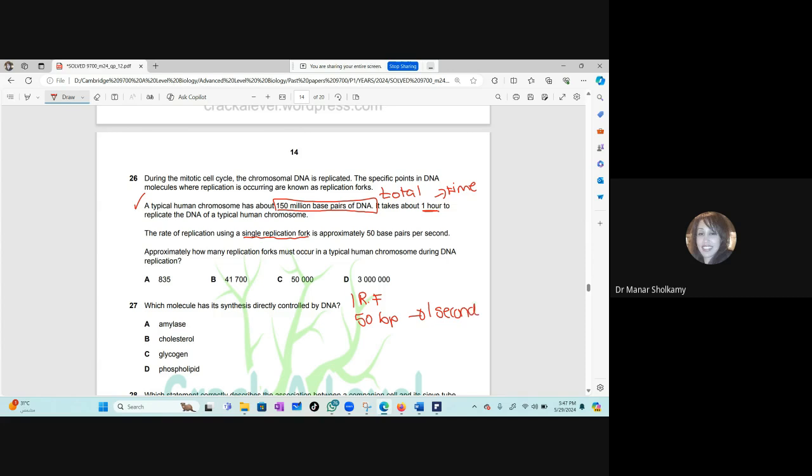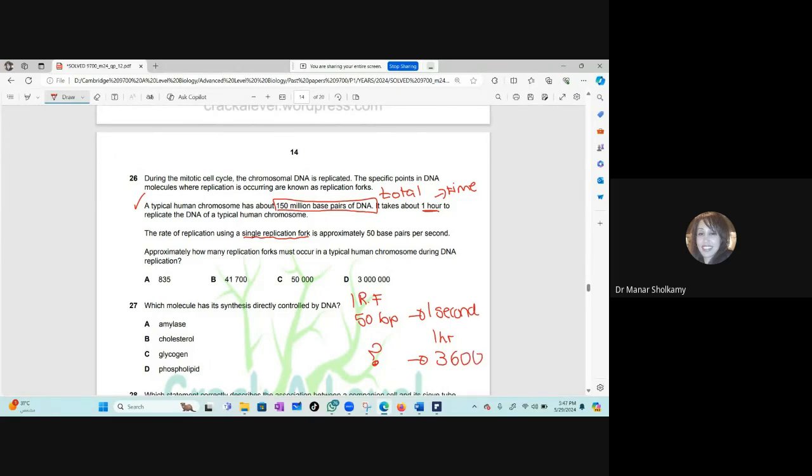So how many base pairs will be replicated in 1 hour? 1 hour is how many seconds? 3,600. So we want to know how many base pairs will be replicated in 3,600 seconds.